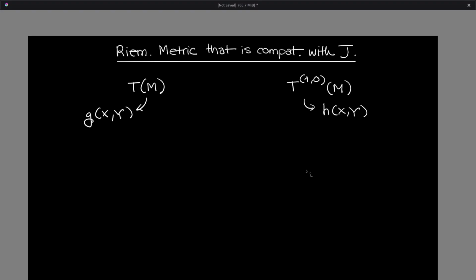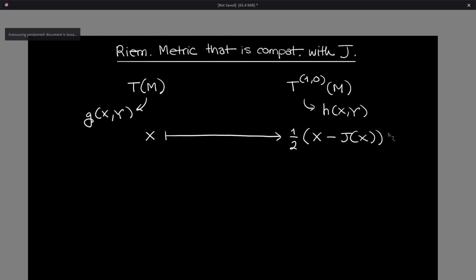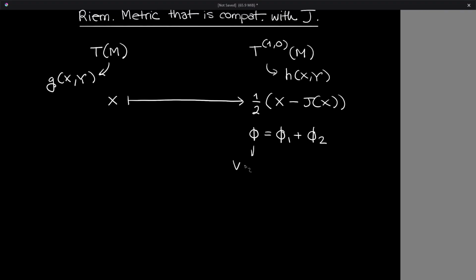So we need to use this isomorphism, which says that we can map from x to half of x minus J of x. This format should be familiar. It's the same format that we used in lecture 3, where we decompose phi into phi 1 and phi 2, and that was in V star tensor C, and these were the holomorphic and anti-holomorphic parts.